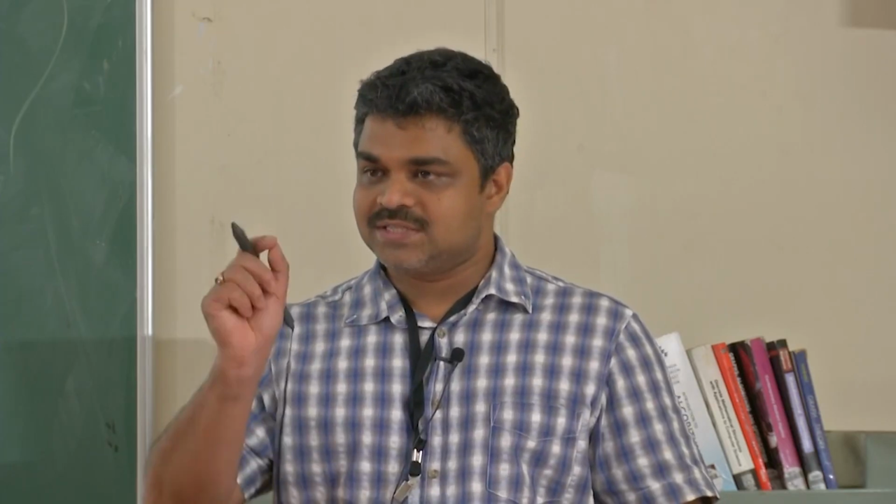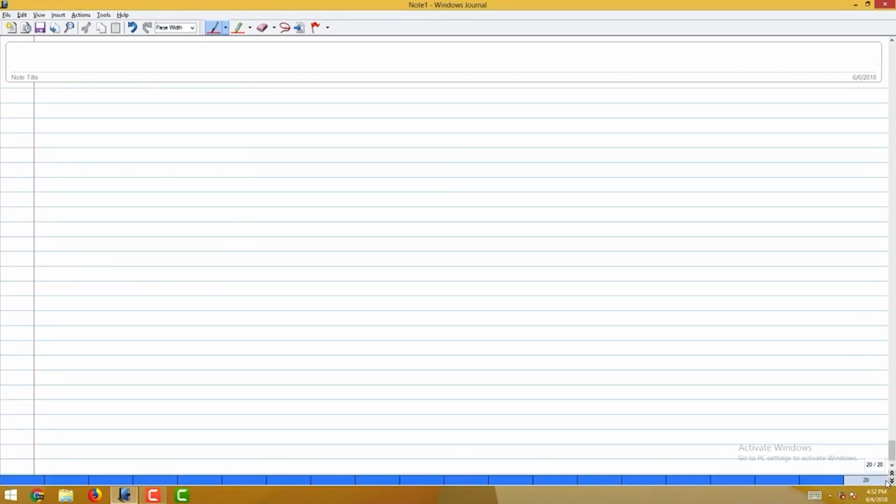Now, for each possible triangle, you assign an indicator random variable, with value 1 if it appears, otherwise 0. And what is the probability that that indicator random variable will be set, that means that triangle will appear? p cubed, p into p into p, all 3 edges should appear, no?